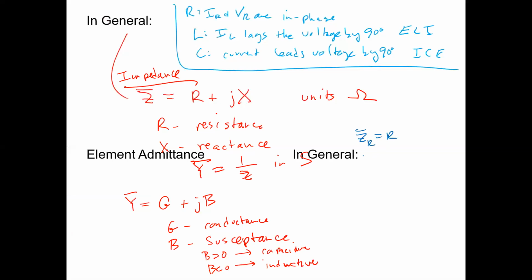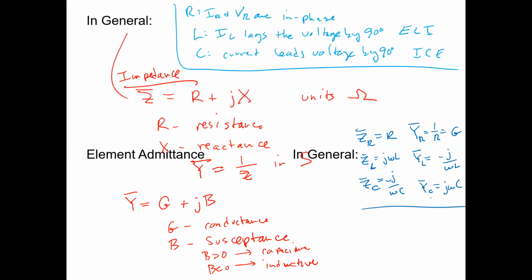ZR equals R. ZL equals J omega L. And ZC equals minus J over omega C. And YR equals 1 over R, which is G. YL is going to be minus J over omega L. And YC is going to be J omega C. So those are good to know, and we'll be using them going forward.